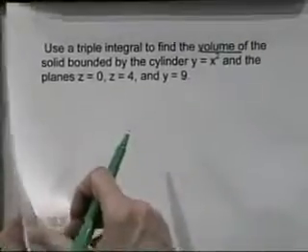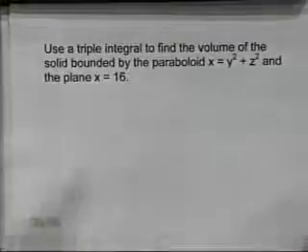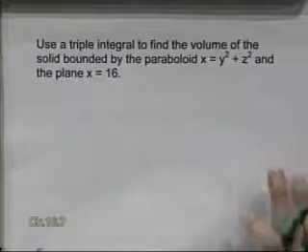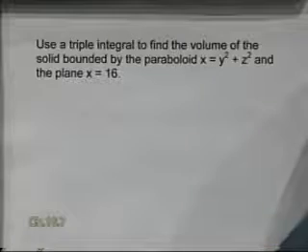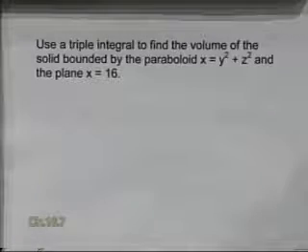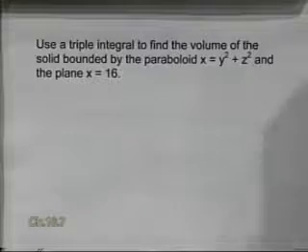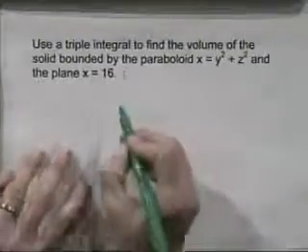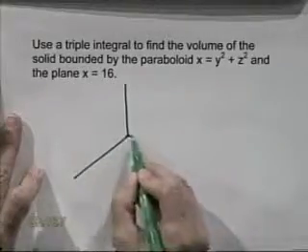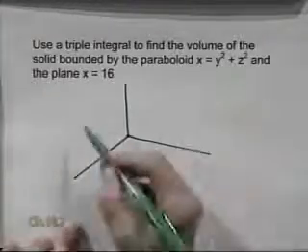Okay, we're going to do one more to set up. In this one, use a triple integral to find the volume of the solid bounded by the paraboloid x equals y squared plus z squared and the plane x equals 16. Okay, let's draw this. How does that paraboloid look? It's going along the x-axis.